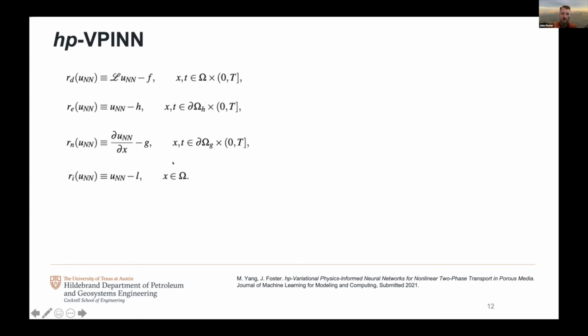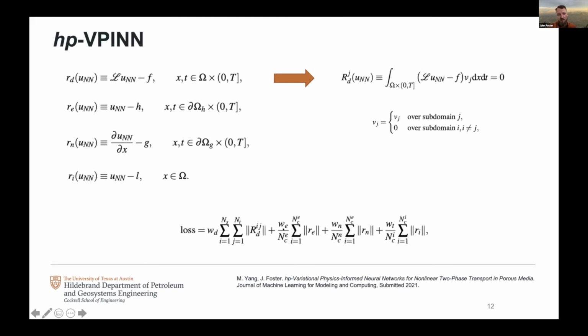So in our hp-VPINN formulation, we're using the weak form of the balance law instead of the continuum form, and we have various test functions Vj that we're multiplying by. And so our total loss function looks like this: the residual from the weak form, the essential and Neumann boundary conditions, and the initial conditions.